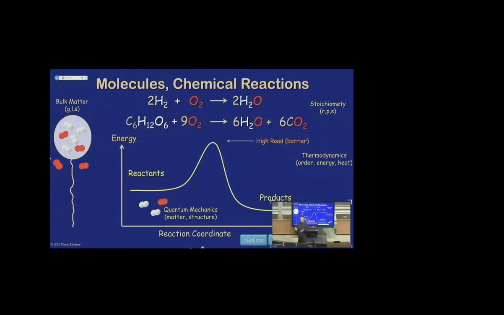So the bag of oatmeal would stay the flaky bag of oatmeal forever unless something happened to get it over that activation barrier: heat it up, cook it on your stove, put water in, and then it's going to end up in that stuck to the bowl state sometime later on. If the universe lasts long enough, all the oatmeal will be stuck to all the bowls in the universe. It's called the oatmeal death of the universe.